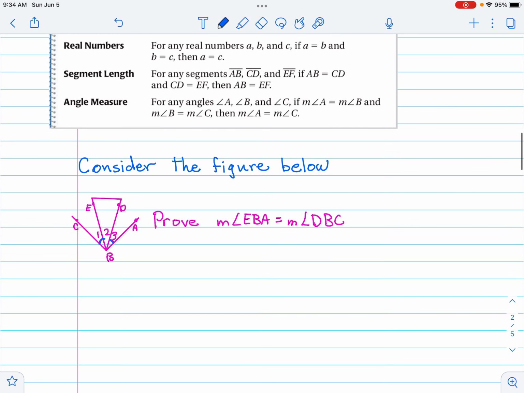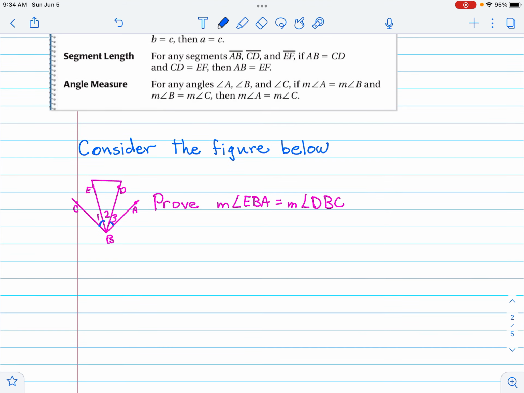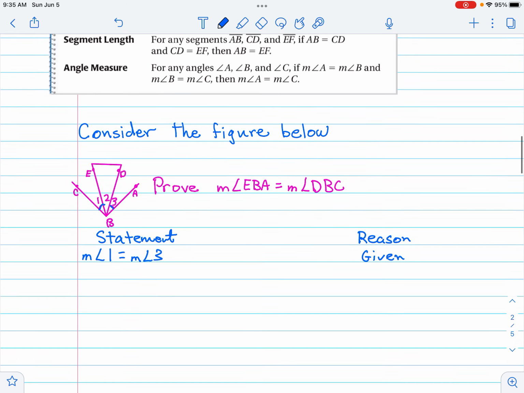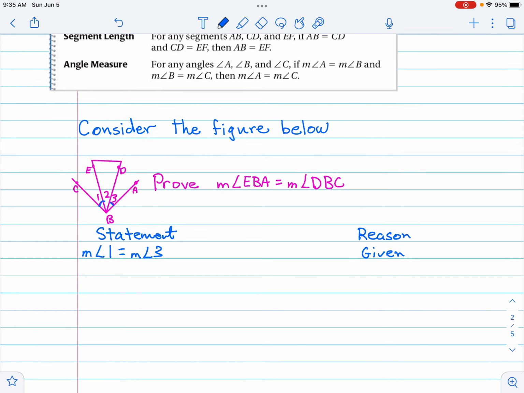Let's first write what we know. We start with what we're given: the measure of angle 1 is equal to the measure of angle 3. The statement goes over here, and the reason goes here: it's given. Now let's see what else we know.